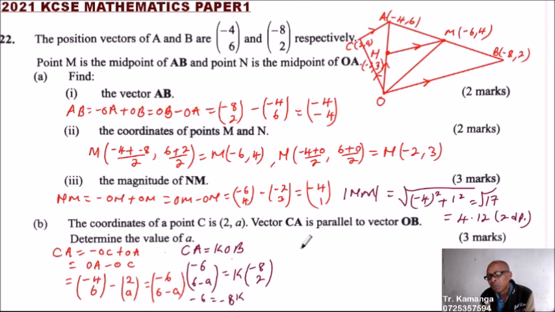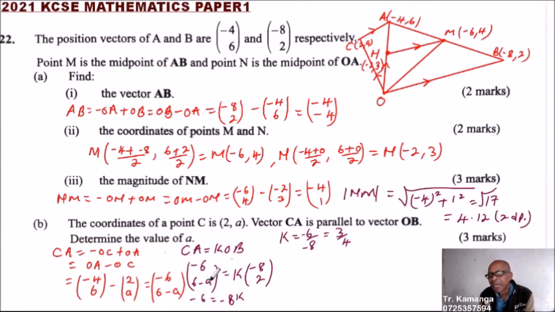Dividing both sides by minus 8, k is minus 6 over minus 8, which is 3 over 4. So that is the value of k.